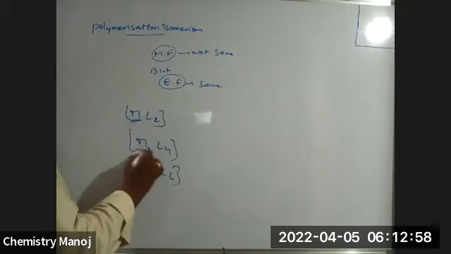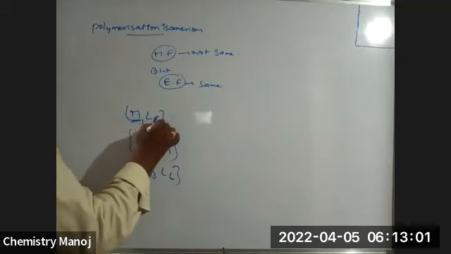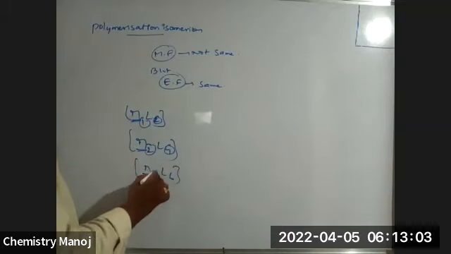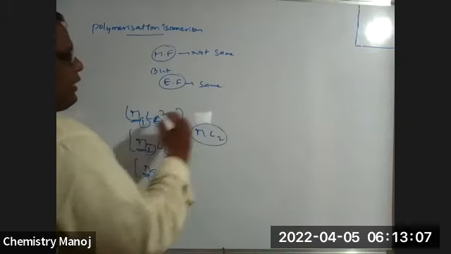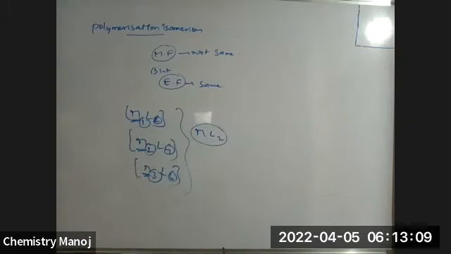Same metals, but 1 time, 2 times, 2 times, 4 times, 3 times, 6 times. For all of these, ML2 is the empirical formula. Correct or wrong? ML2 is the empirical formula, but are their molecular formulas the same or not the same?